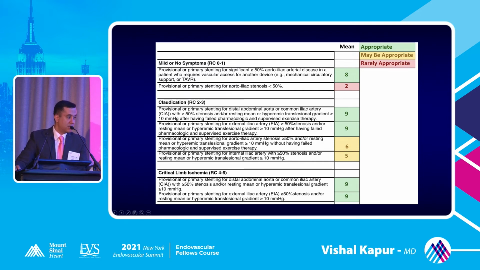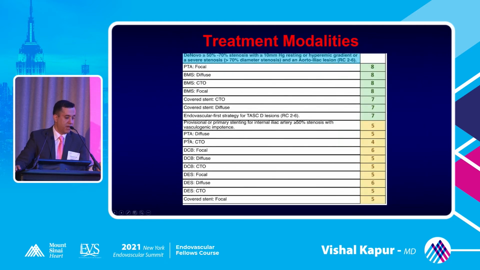So if it looks bad, but the gradient is not that bad, in big vessels we really don't want to touch them, because iliac interventions, subclavian interventions, all these bigger vessels, are more about getting the gradient off. If it's not significant, that means it really doesn't explain your symptoms, even though it might look a little bit bad. Especially in critical limb ischemia, of course, using the gradient workup is definitely justified.